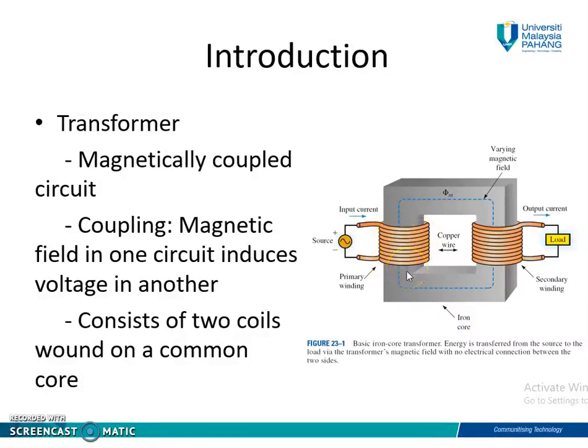Since alternating current produces alternating flux, self-induced EMF will be produced across the winding. This induced voltage is of opposite polarity to the source. For this one, you have to recall Faraday's law of electromagnetic induction.